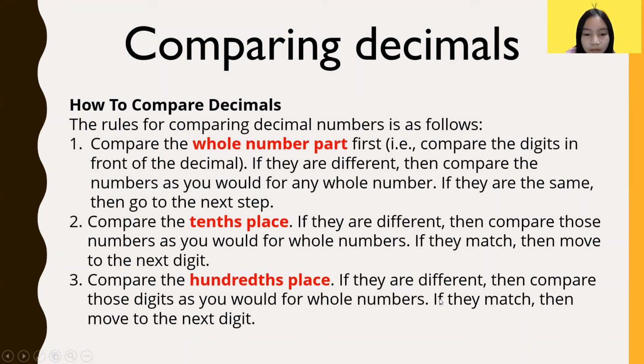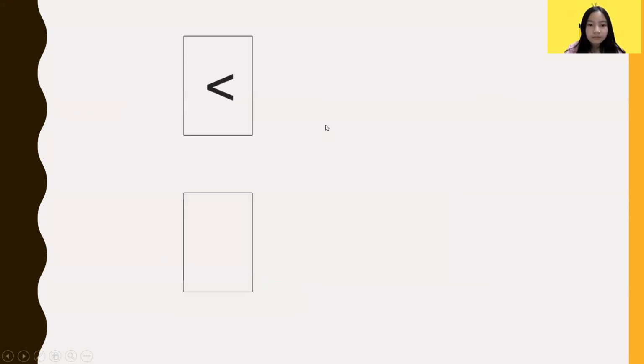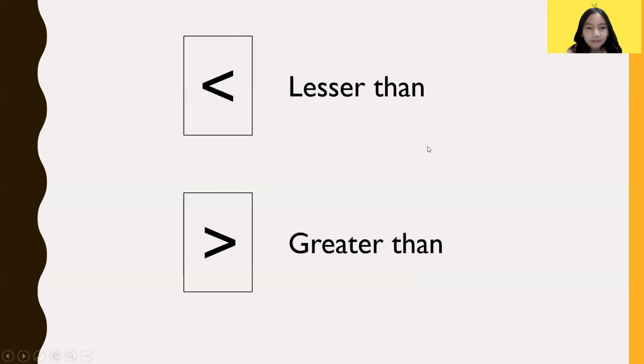So in comparing decimals, we compare numbers from left to right. Now let's try. We have two symbols for comparing: lesser than and greater than.